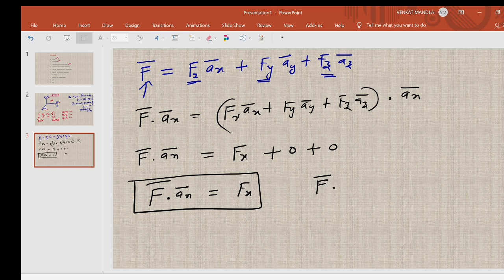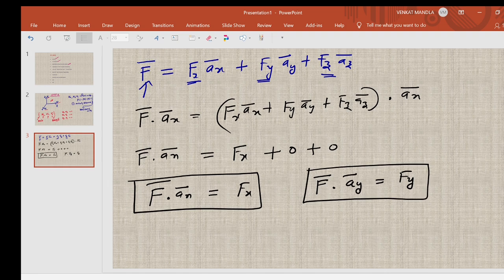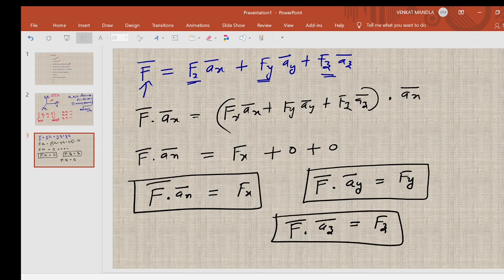Similarly, to get the y component, we need to do the dot product with ay, and you will get the y component of f bar. Similarly, we do the dot product of az bar with f bar, and then you will get fz. This is important. I have explained these basics of vectors very briefly, and I will explain more when I discuss linear algebra.